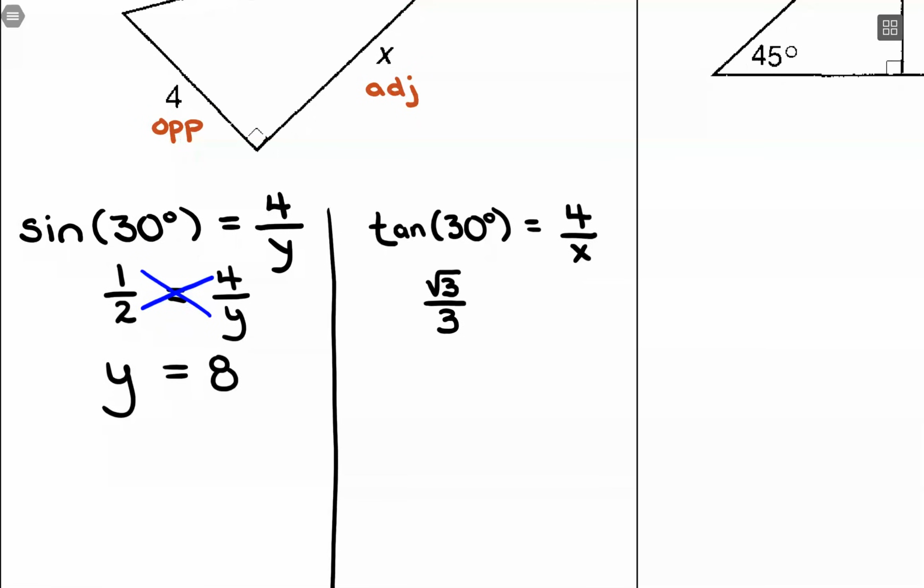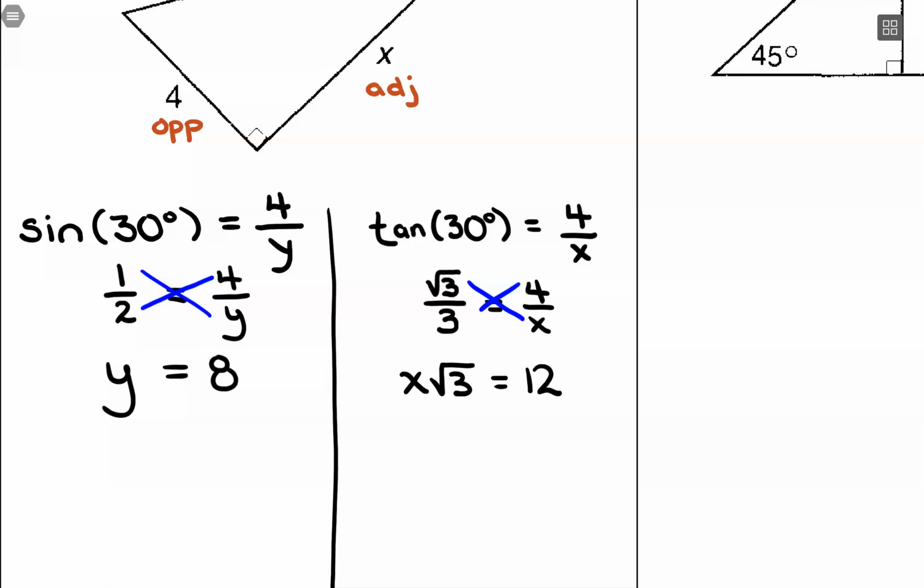Root 3 over 3 is equal to 4 over x. And I'm going to go ahead with cross multiplication. And with that, we'll have x times the square root of 3 equals 12.